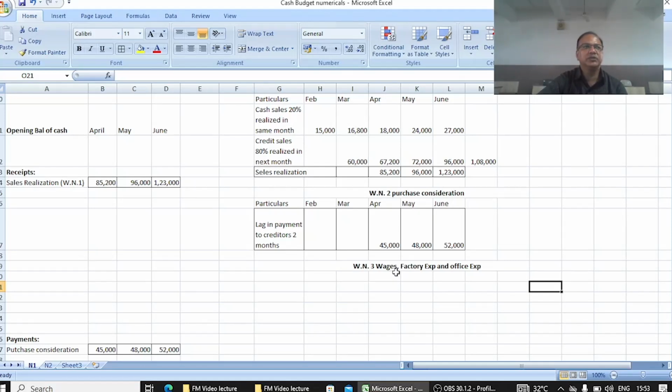And if we are assuming that wages is not part of the expenses, wages are different and expenses are different, then in that condition, wages will be paid in the same month because there is no other information given about the wages. So we will assume that wages is being paid in the same month and the expense is being paid in next month.